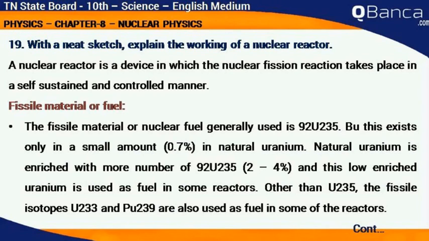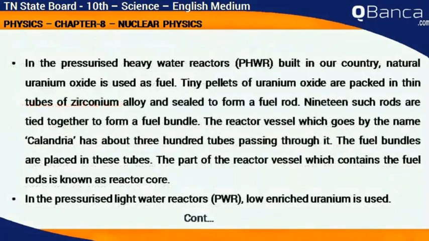Natural uranium is enriched with more 92U-235, that is 2 to 4%, and this low enriched uranium is used as fuel in some reactors. Other than U-235, the fissile isotopes U-233 and Pu-239 are also used as fuel in some of the reactors.